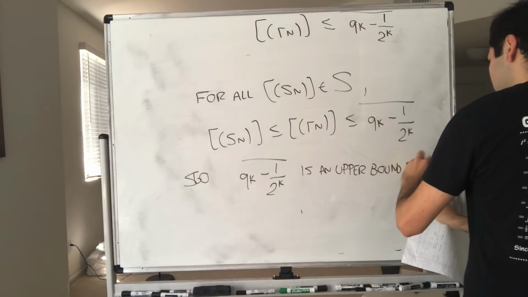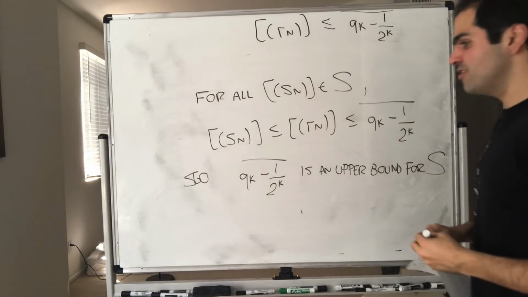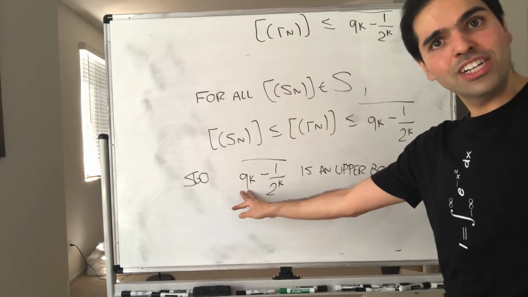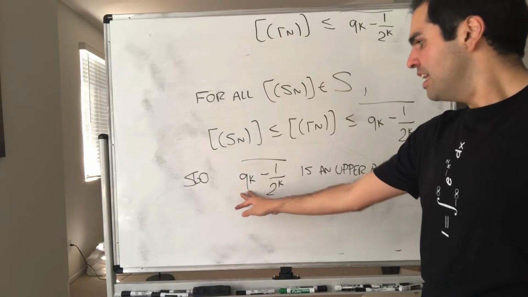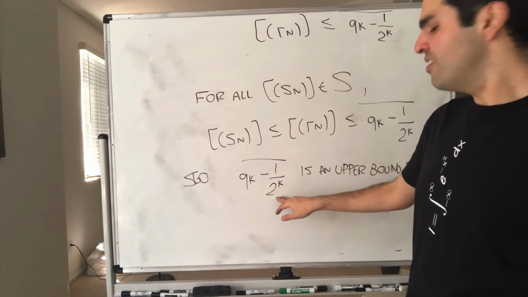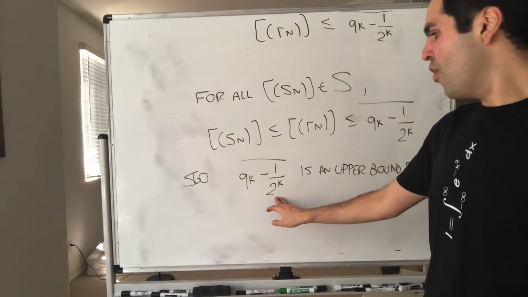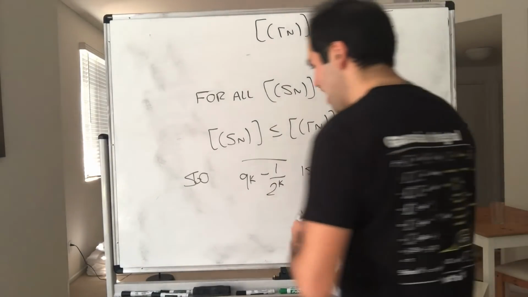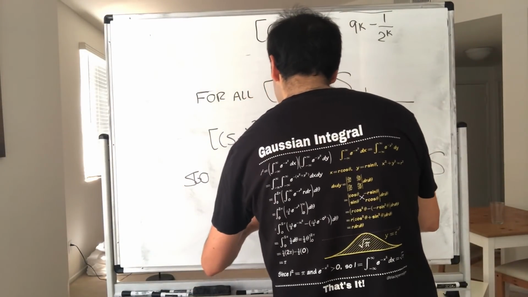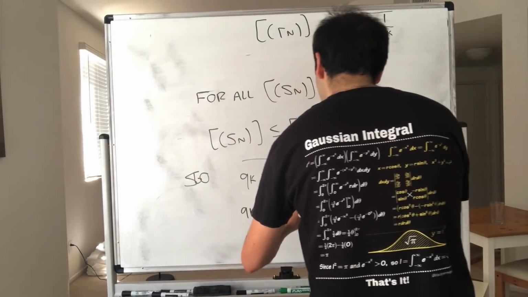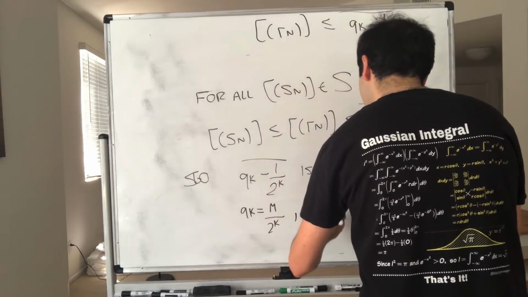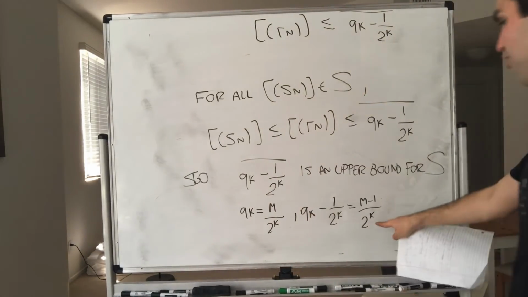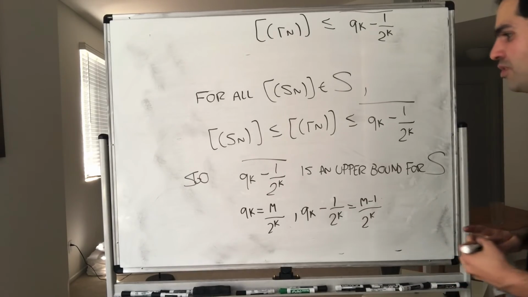But that's a contradiction, because remember, how did we define Qk? We defined it to be the smallest fraction with denominator 2 to the k that is an upper bound, but now we found a smaller fraction of the form m over 2 to the k that is an upper bound. Because Qk might be m over 2 to the k, so Qk minus 1 over 2 to the k is m minus 1 over 2 to the k, still a fraction with denominator 2 to the k.